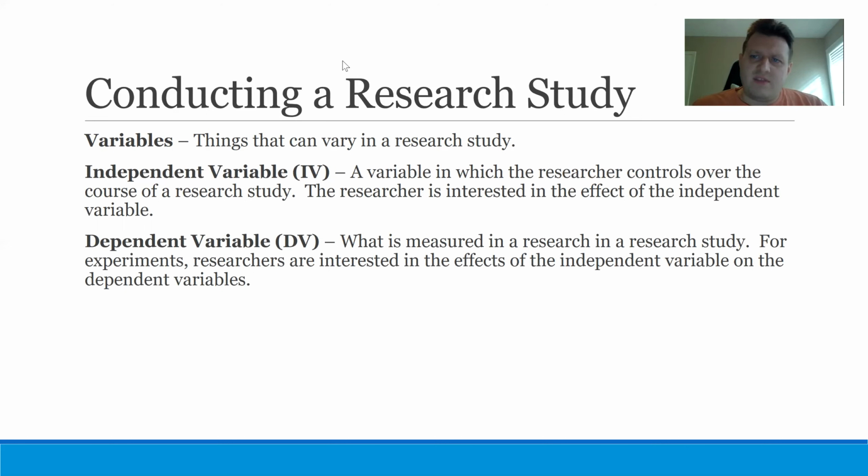We might abbreviate these IVs and DVs, by the way. The dependent variable is the variable of interest. We're trying to see in an experiment if our different conditions lead to differences in the dependent measure, the dependent variable. All right, we're trying to see if changes in the independent variable cause changes in the dependent variable.